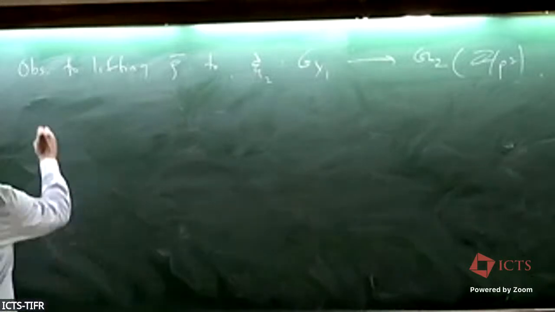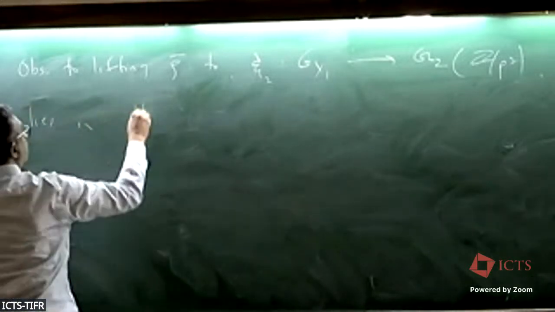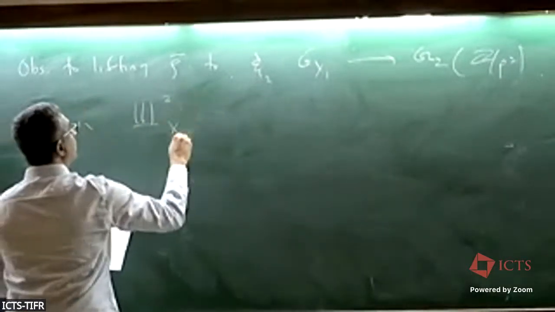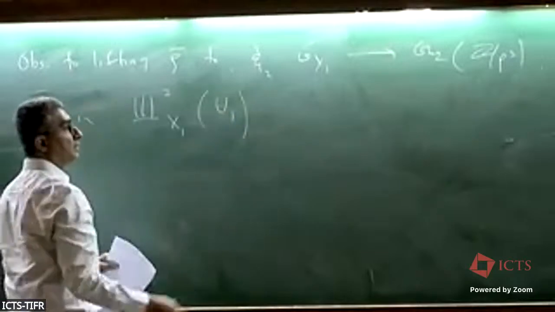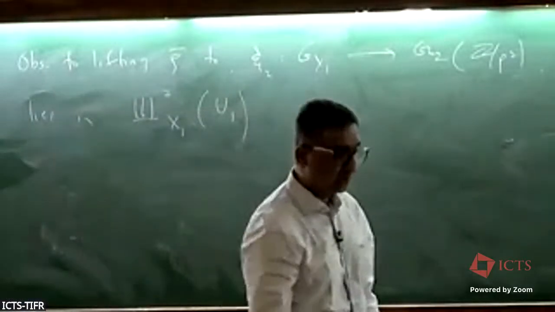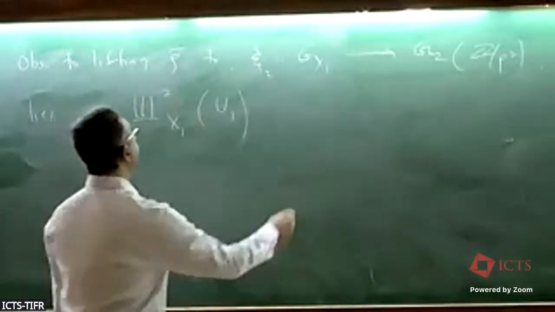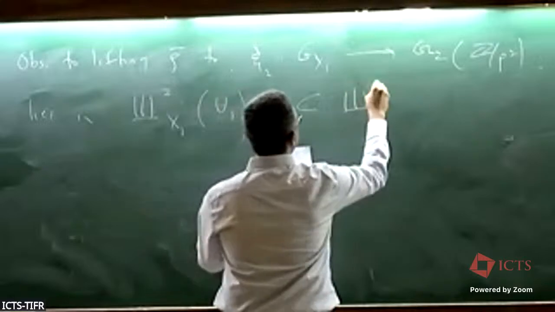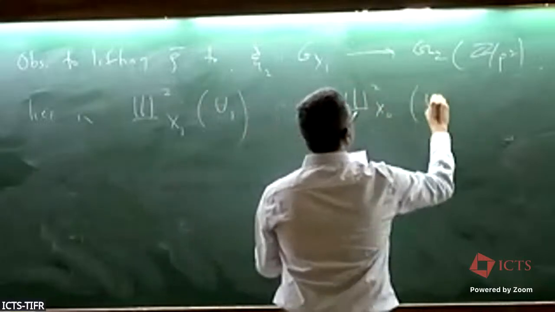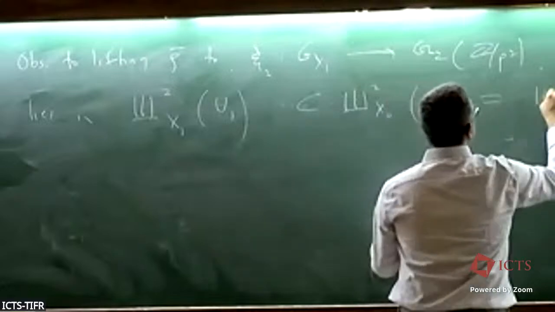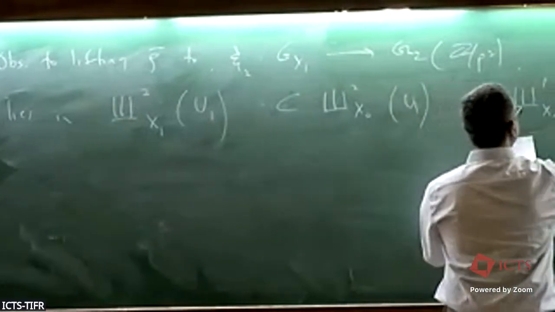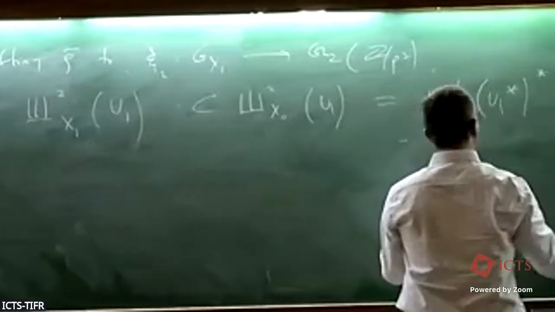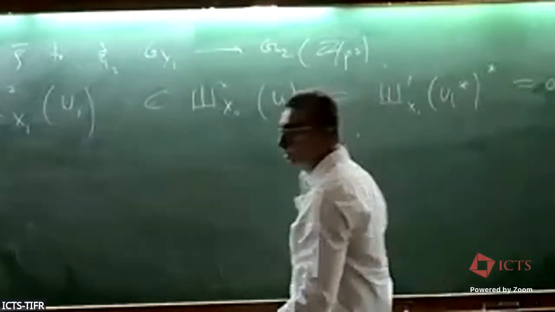So this lies in Sha2 X1 U1. So U1 is one of these submodules M. It's the upper right corner in the adjoint at 0. But this is, first of all, contained in Sha2 X0 U1. This is dual to Sha1 X1 U1 dual, which is 0 by step 1.